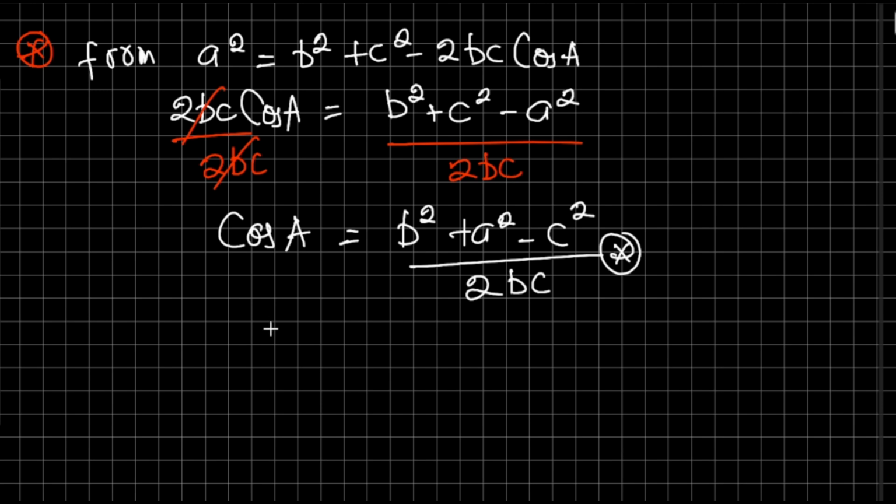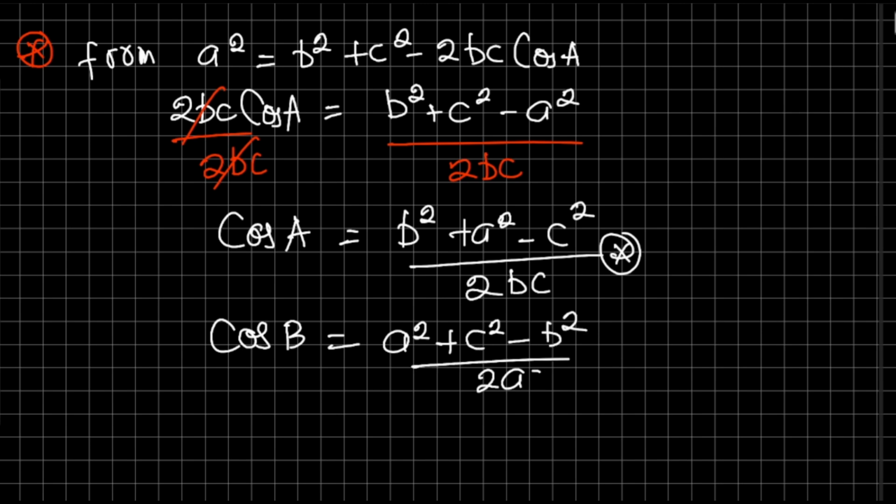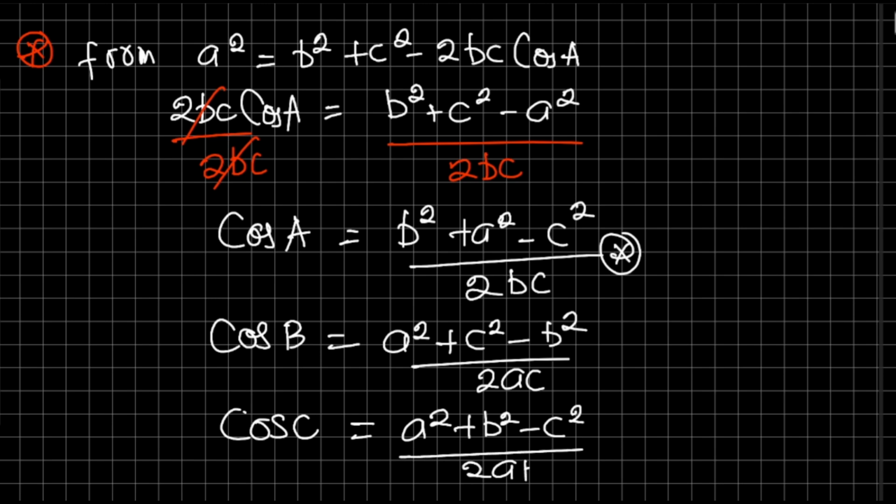If we mimic this formula, we can find the same thing for cos B. Cos B will be equal to a square plus c square minus b square all over 2ac. And cos C will be equal to a square plus b square minus c square all over 2ab.